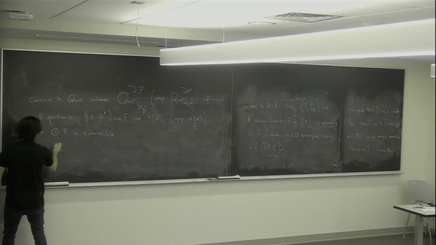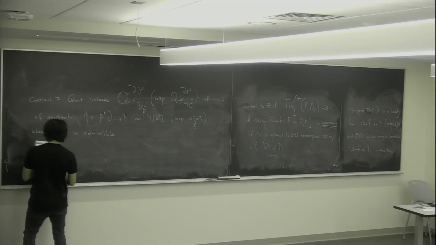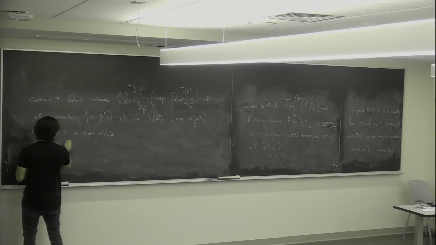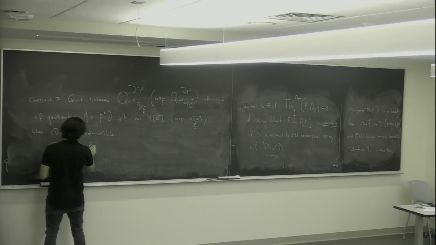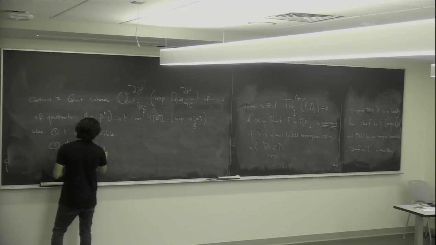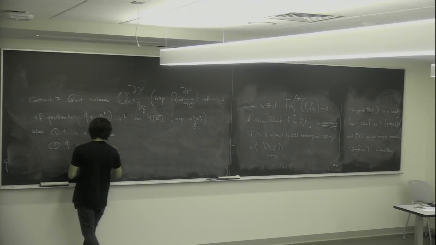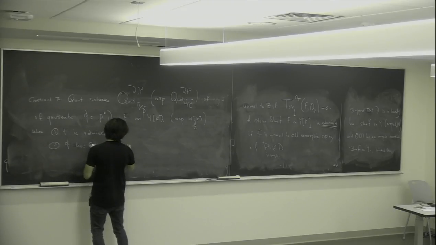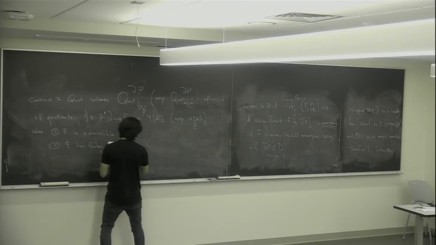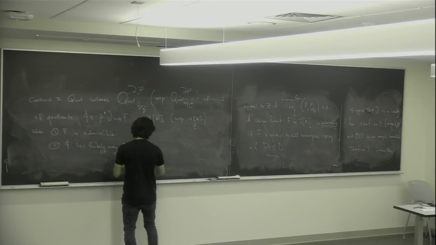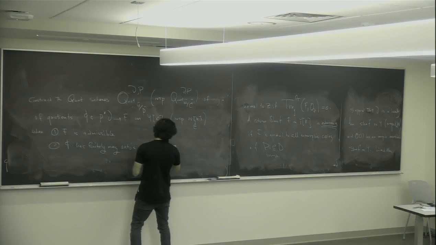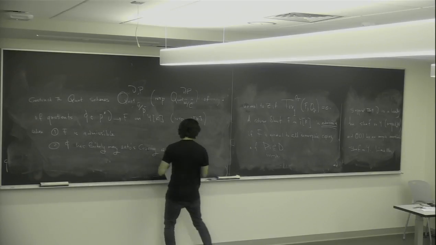And secondly, φ has finitely many automorphisms covering the automorphisms C star to the k.